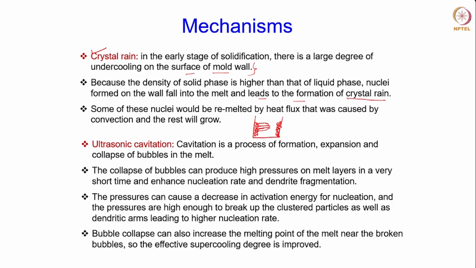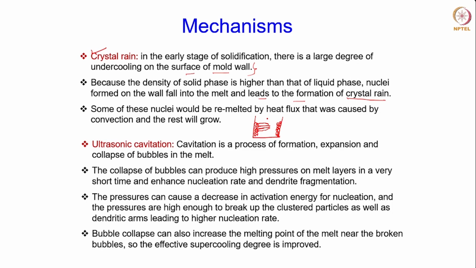Right. So these fine solid nuclei formed on the mold wall can get detached from the mold wall because of the density difference and get dispersed in the liquid. Okay, as if a lot of these are falling into the liquid, and that is why this phenomenon is known as crystal rain.